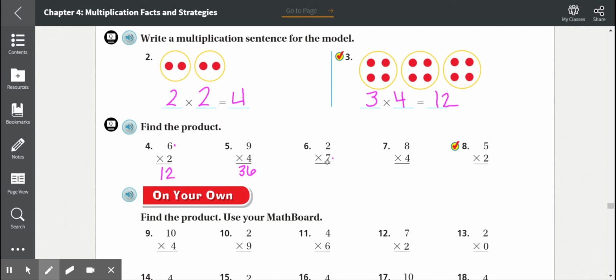Well, what's 7 plus 7 more? 14. 8 times 4. Let's do 8 times 2. 8 times 2 is 16. And then you're thinking, well, what's 16 plus 16? 16 plus 16 is 32. And then we have 5 times 2. What's 5 plus 5? 10.